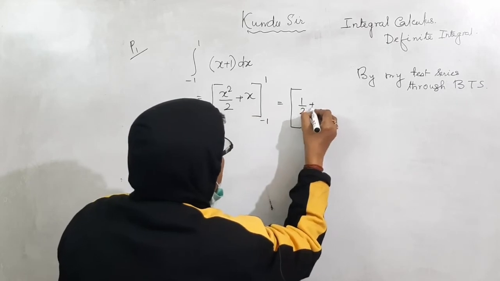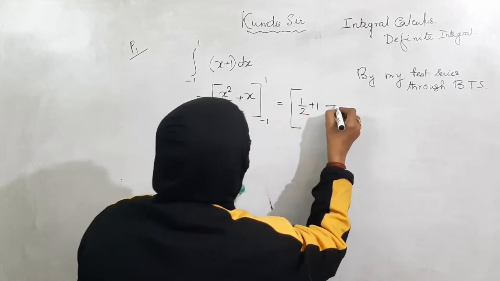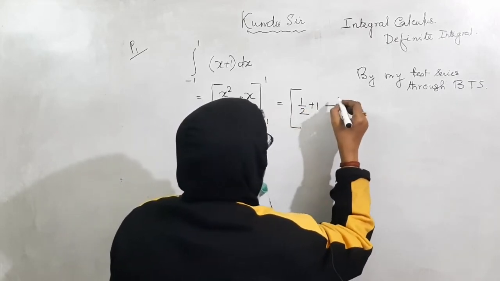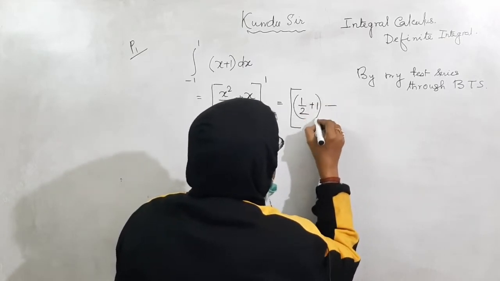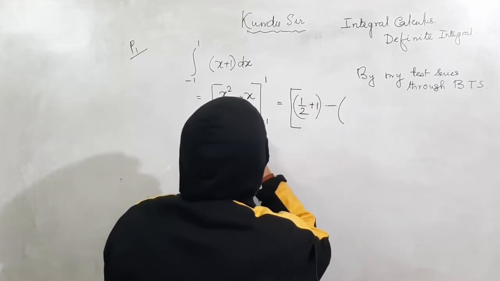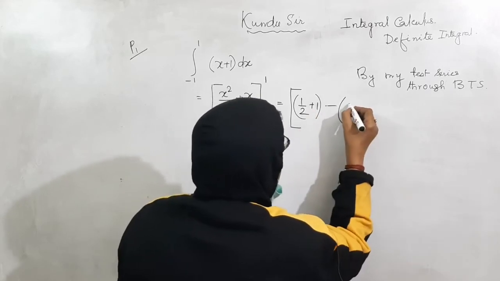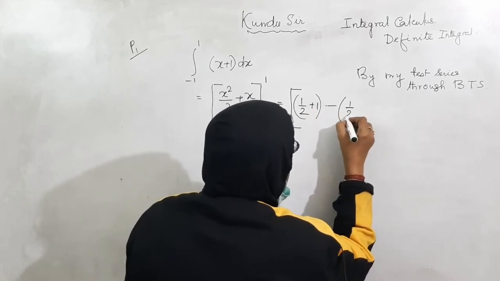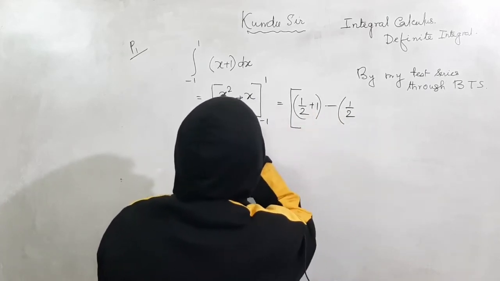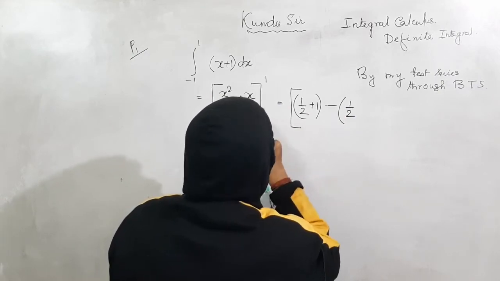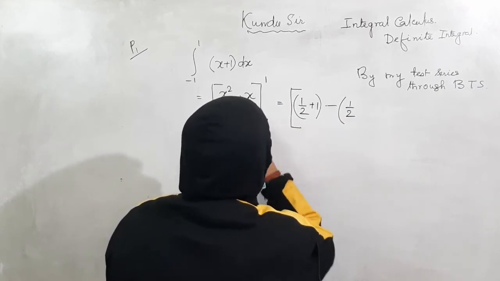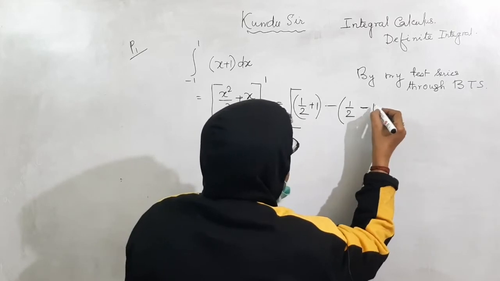then minus of the lower limit: it is minus of 1 by 2, 1 square, minus 1 square, so minus 1 square is 1 by 2 and minus.